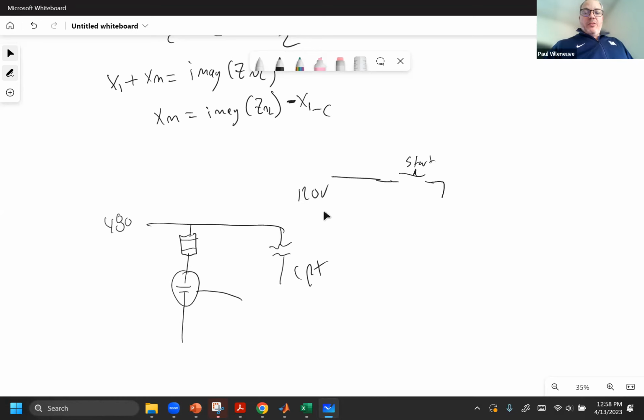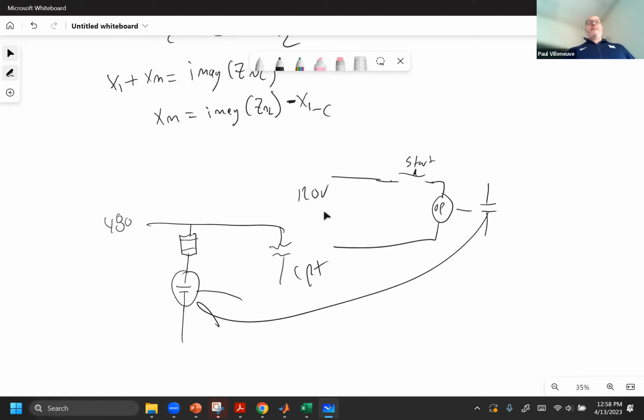Then you'll go to a contactor, this is the operate, we'll just call it operate. When you hit the button, it picks up the operate, and then it will go ahead. And this actually has the contact that is over here.